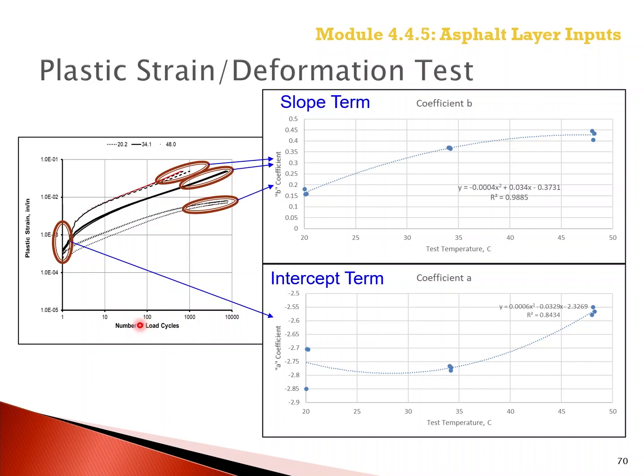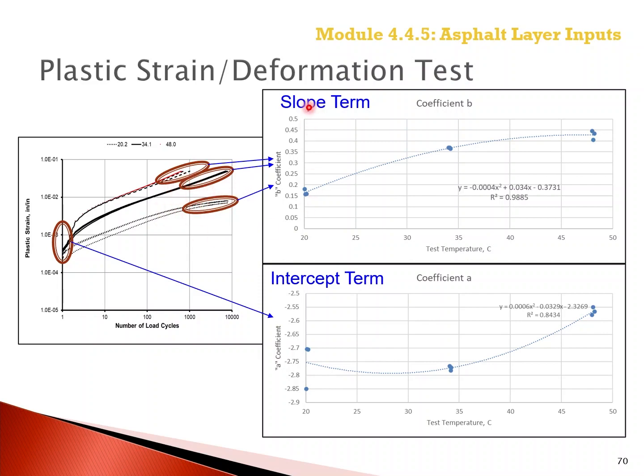The result is a relationship between the number of load cycles and accumulated plastic strain for each test temperature. The 3 test temperatures were used for this test. None of these specimens at each of the 3 temperatures exhibited the tertiary region, or an increasing cumulative plastic strain at an increasing rate.